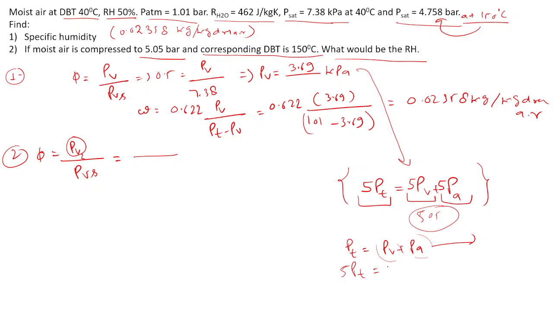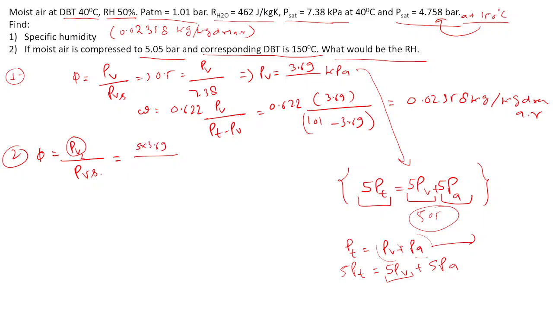So 5 times of PV and 5 times of PA. And for the relative humidity, you require the final vapor pressure only, na? So vapor pressure is 5 times of PV. And what is PV? PV is 3.69 initially. Yes, sir. Understood. So here 5 times of 3.69.